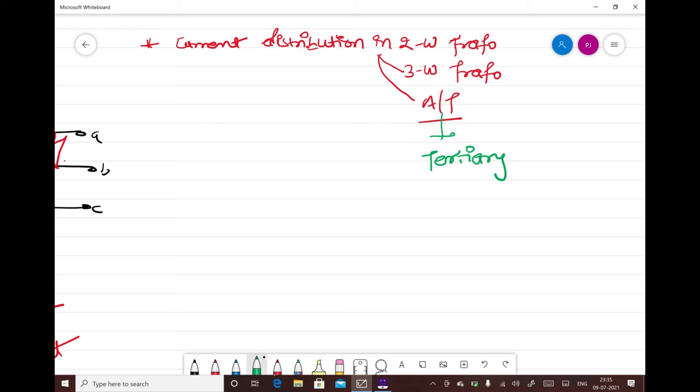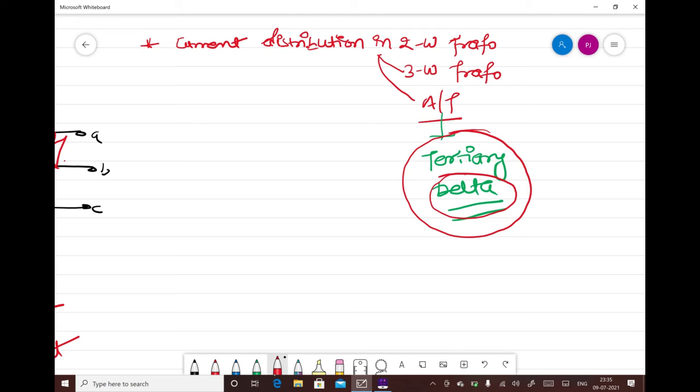And this tertiary delta is very, very important because of one concept which I am going to explain in this session only, because of its relevance for our coming sessions: the importance of tertiary delta or importance of delta winding.